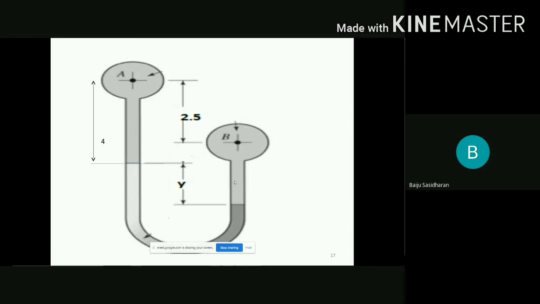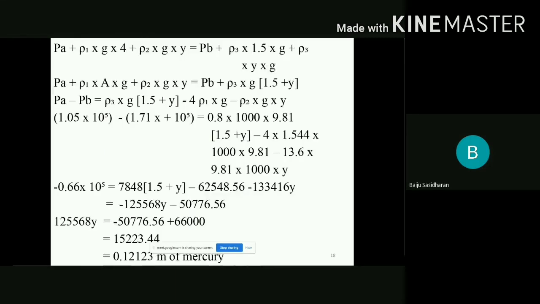Okay. So PB plus ρ3 into G into Y. According to that, you can find out the pressure difference between these two pipes. Don't memorize all these things. You have to understand the concept only. Okay. You solve this problem and after that, you check with the solution that I have written here.